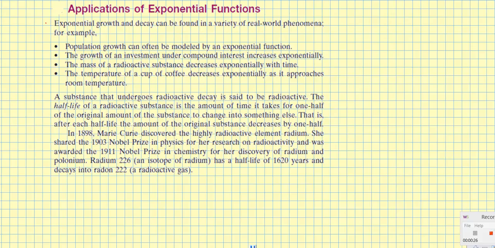So after each half-life, the amount of the original substance is going to decrease by 1/2. Some of those are things like polonium, plutonium, uranium. They have a very, very long half-life. We're talking about hundreds and thousands of years to reduce by 1/2 the weight of a substance.